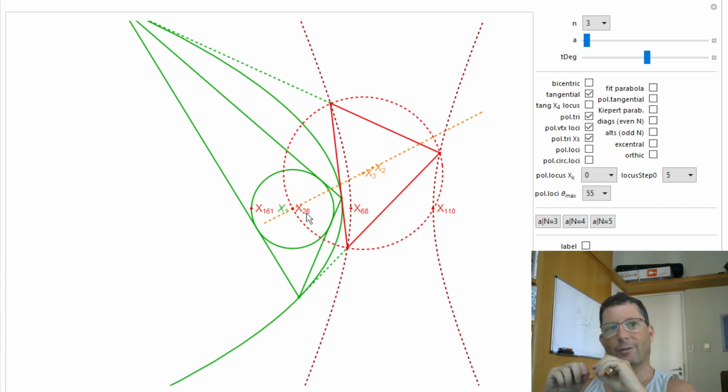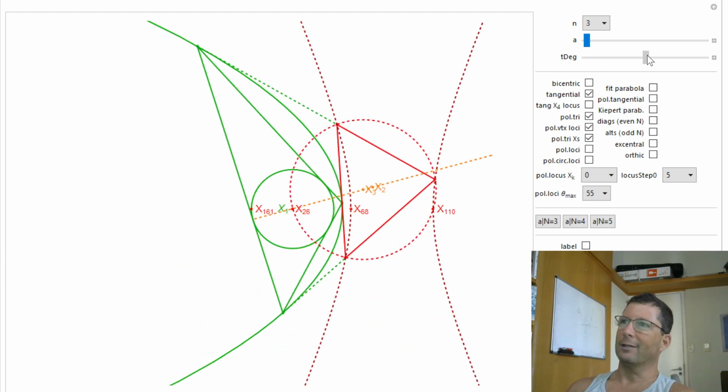This is a very curious center that is not typically on the circumcircle for a generic triangle. It can be anywhere on the plane. But for this specific family of triangles, it's rather degenerate. Not only is it on the circumcircle dynamically, but it's actually on the focus of my original parabola. You can see this. You take a triangle out of this family, compute its X26, and it sends you to the focus.